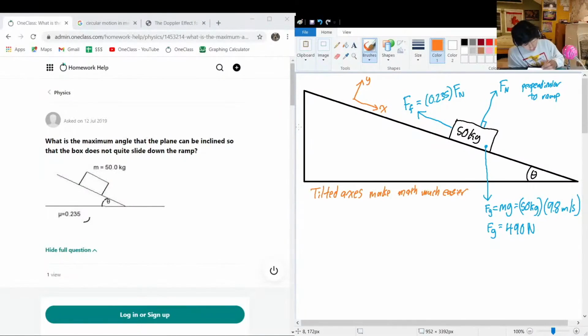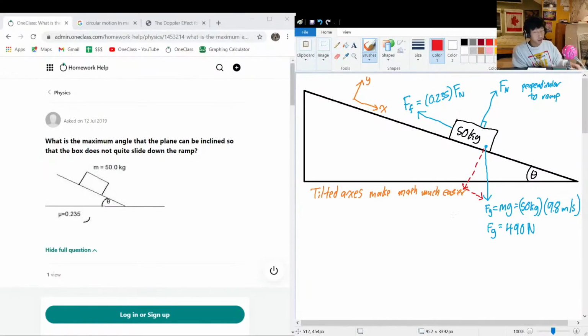which is a little bit more difficult. So yeah, to resolve the gravitational force into components that are perpendicular or parallel to the axes, we would just need something like this. So I'll put this in red. So you see these red arrows are perfectly in line or perfectly parallel and perpendicular to the axes.